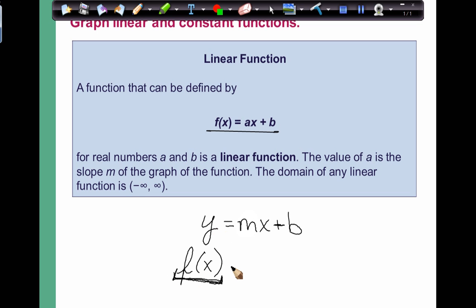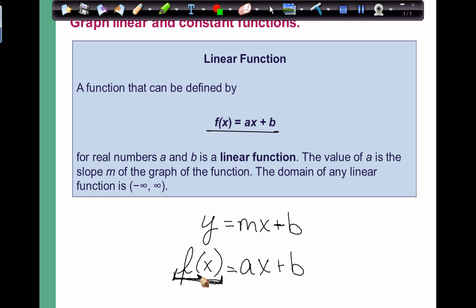Y, f of x, they're the same thing. And then we have ax plus b. You can see that the x, the plus, and the b are the same. The m and the a are different, but it's just different notation. The a is the same thing as the slope, just like m. And so this is just another way to write lines, but using function notation.